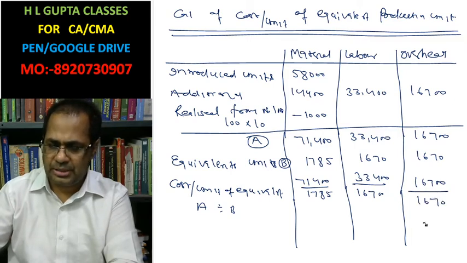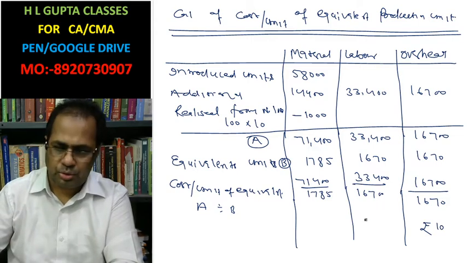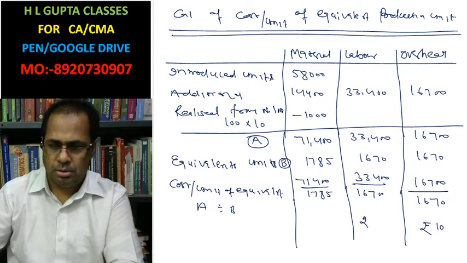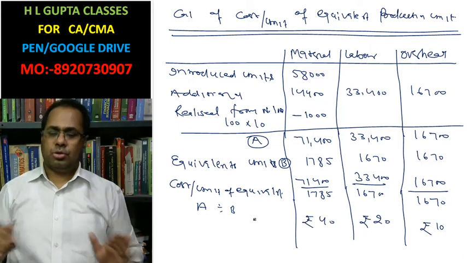This is rupees 10. This is 20. This is 40 per unit. Okay, this is the cost.